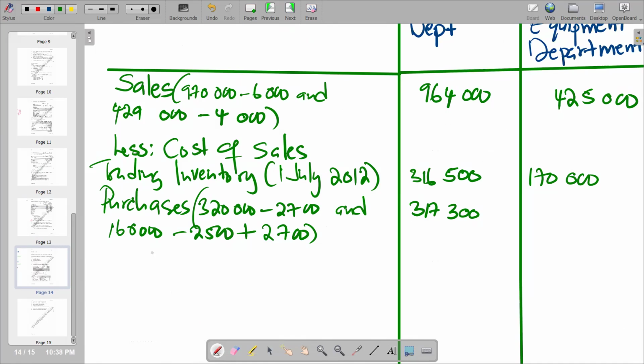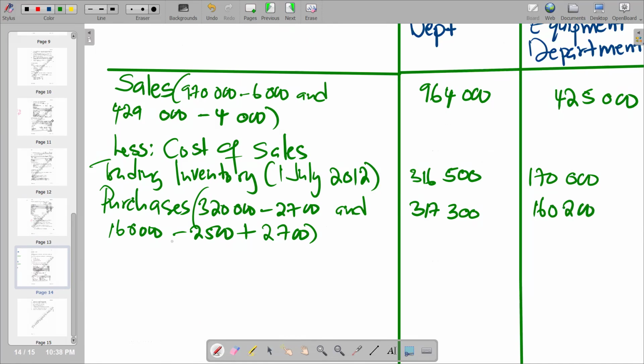So we say 160,000 minus 2,500 plus 2,700. The net figure that we are supposed to get there is 160,200. So that's what we have on purchases.